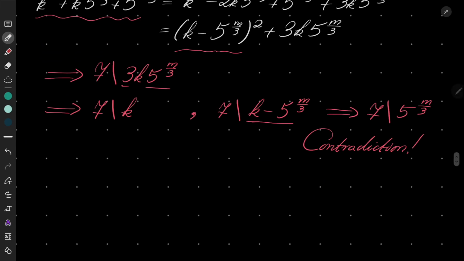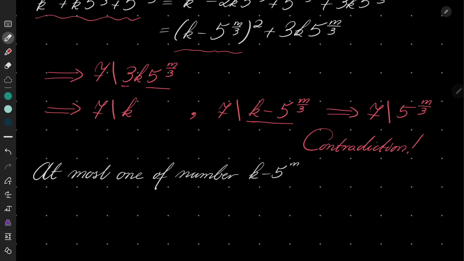So now we know that at most one of the numbers k minus 5 to the power m over 3, and k squared plus k times 5 to the power m over 3 plus 5 to the power 2m over 3, at most one of these numbers can be divisible by 7.